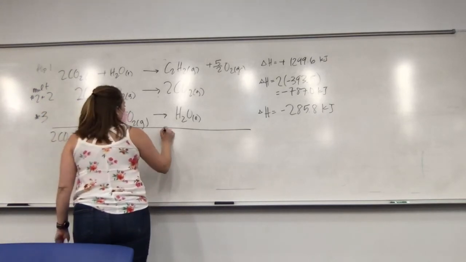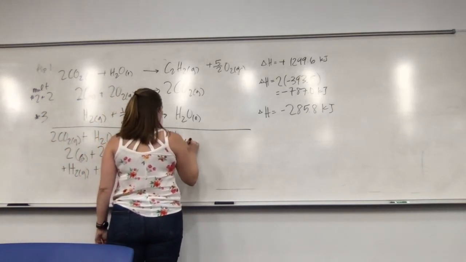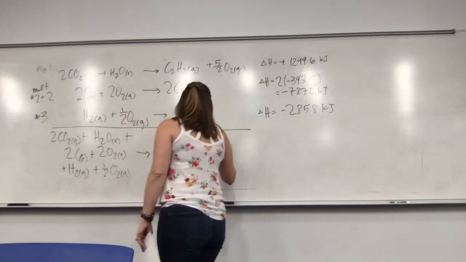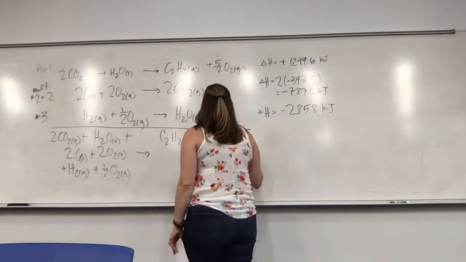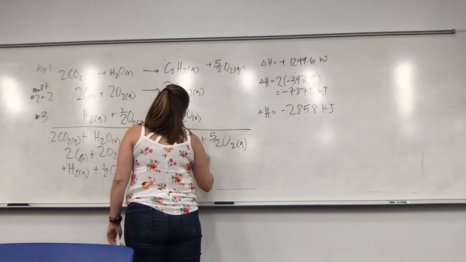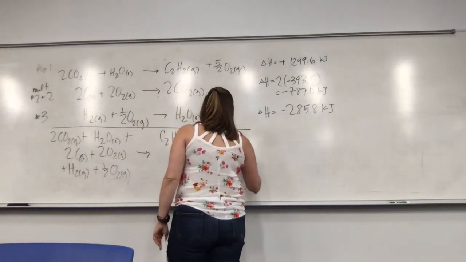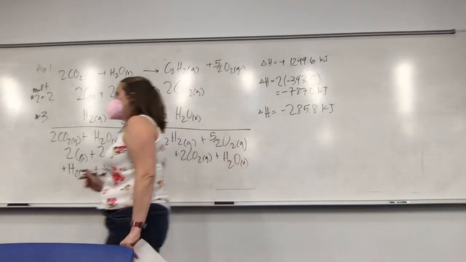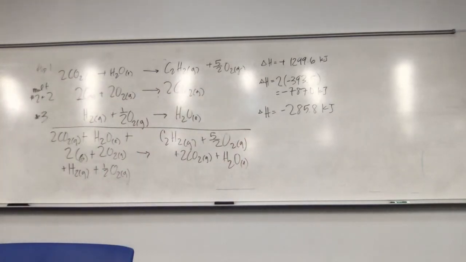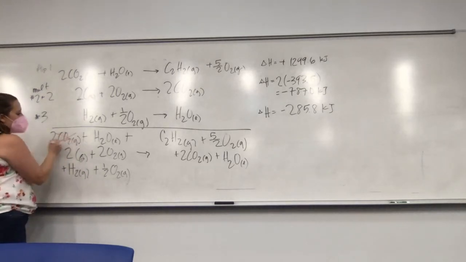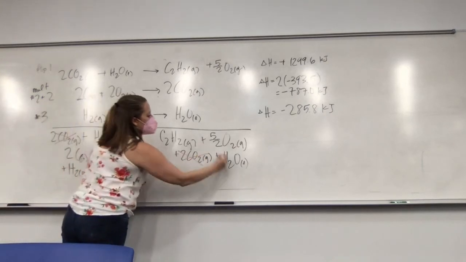All of this gives us C2H2 gas plus 5 halves of O2 gas plus 2 CO2, still gas, plus H2O liquid. So now I can find my red marker. We can cancel out anything we see on both sides: CO2 gas, H2O liquid.